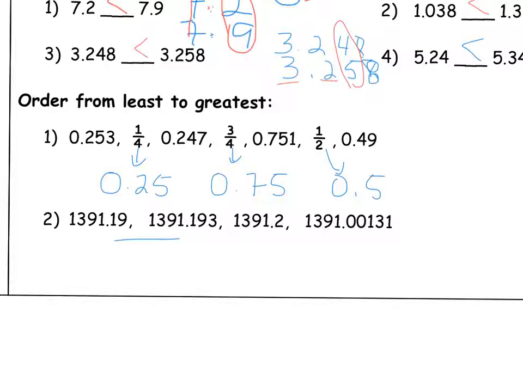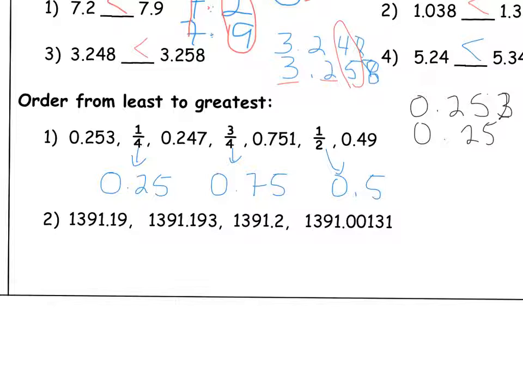So you can start with the first number, which is 0.25, or 0.252, or 0.253. And then 1/4 is 0.25.